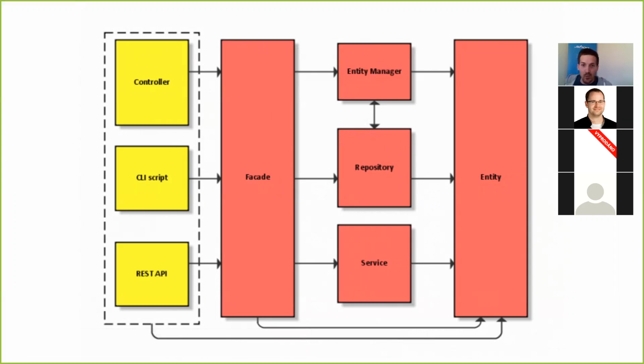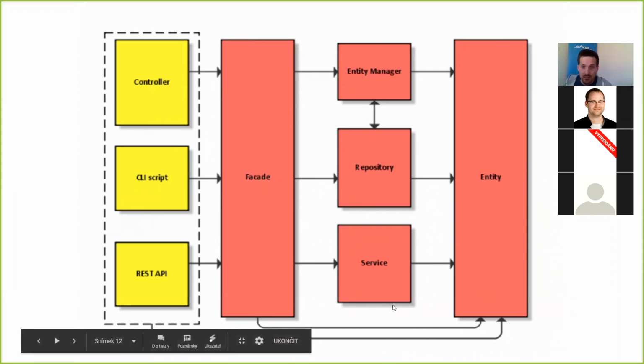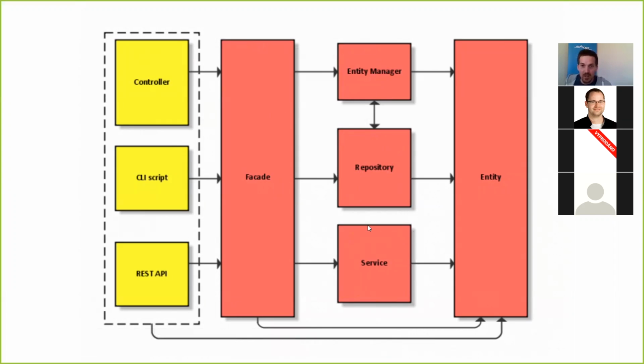They can directly work with database, but services are special kinds of objects that should be easily testable, and therefore they should not work directly with database. But I will describe all the kinds of objects in more detail in the following minutes.